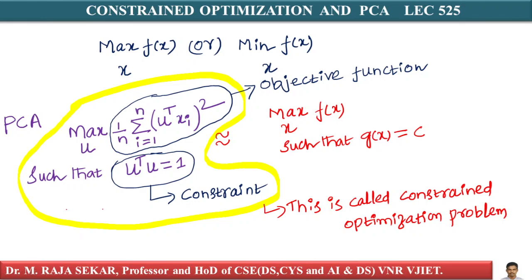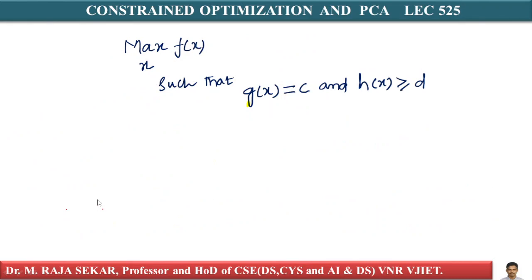We will come back to PCA in a little while, but let's understand the general constraint optimization problem. It looks like maximum of f of x over x such that g of x equal to c and h of x is greater than or equal to d.